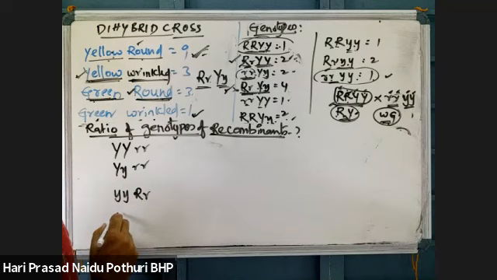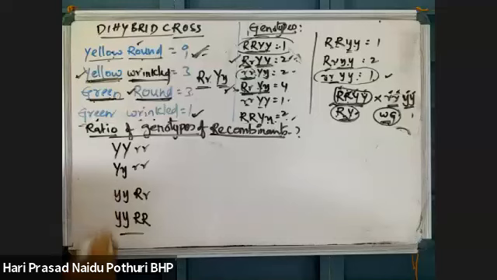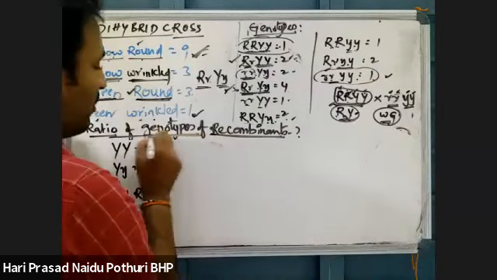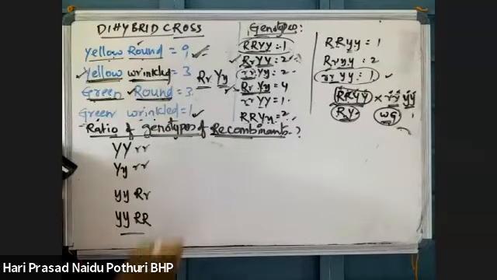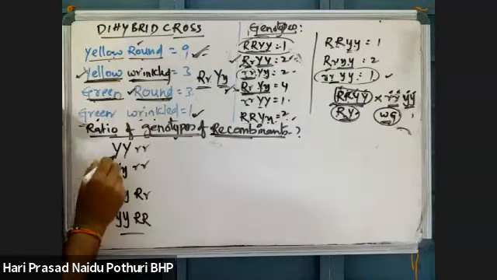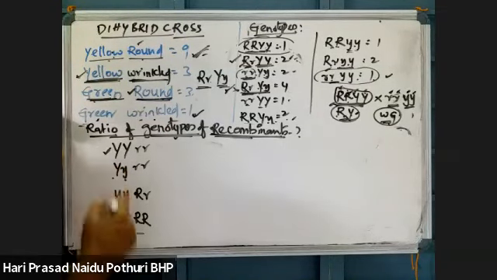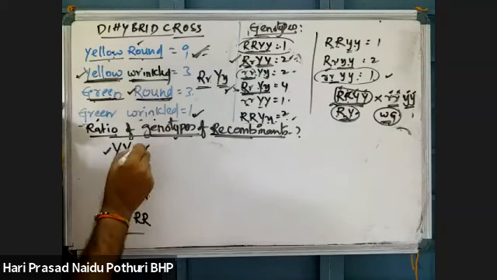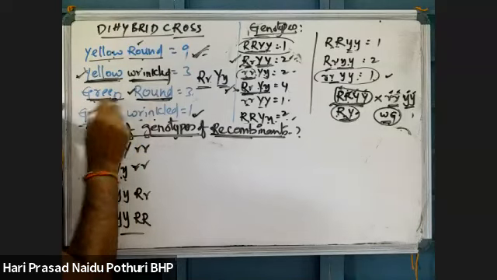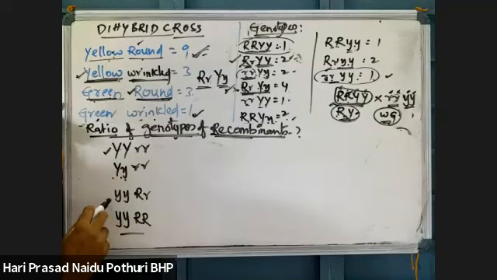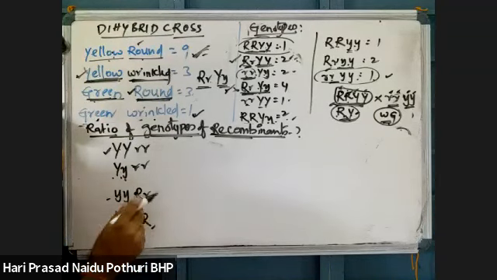Round means capital R small r or capital R capital R. These genotypes are possible. Ratio of genotypes of recombinants. See here, yellow means dominant. That dominant may be capital Y capital Y or capital Y small y. Both will give yellow. Wrinkled means it is a recessive character, small r will be there. Green means recessive character, small y. Round means dominant character, which may be homozygous dominant or heterozygous dominant.